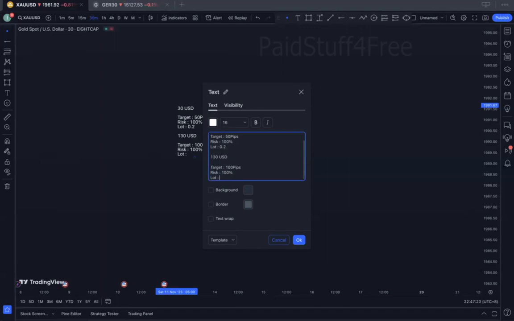Okay, the lot size is like 0.09. Your stop loss, 15 pips, 150, right? Press calculate. You will get 0.8 something, if I'm not mistaken.